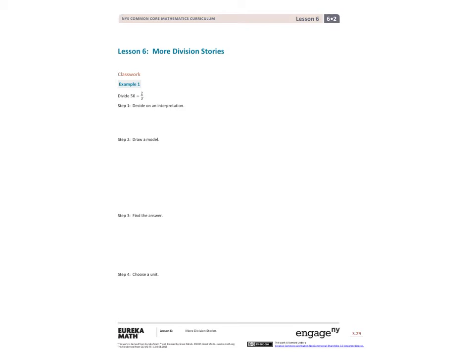So when we're thinking 24 divided by 6 using partitive division, I can think that 24 is 6 groups of what size?